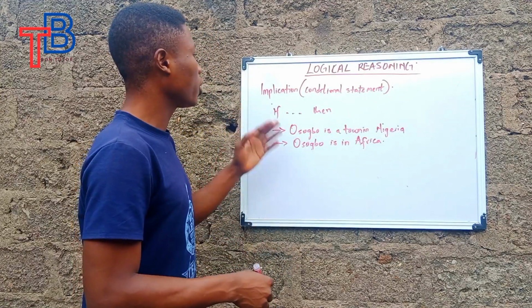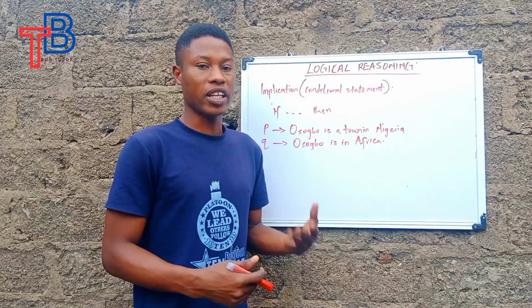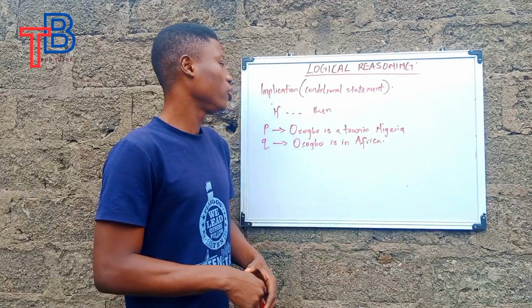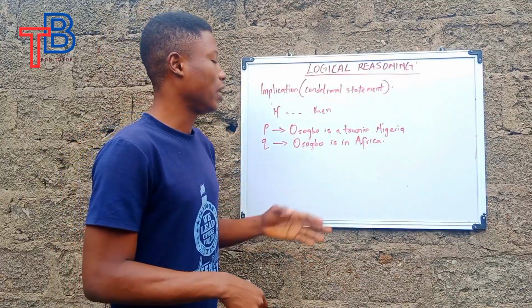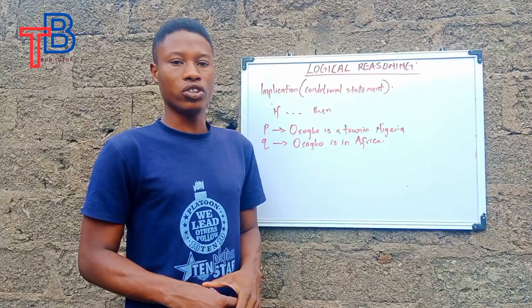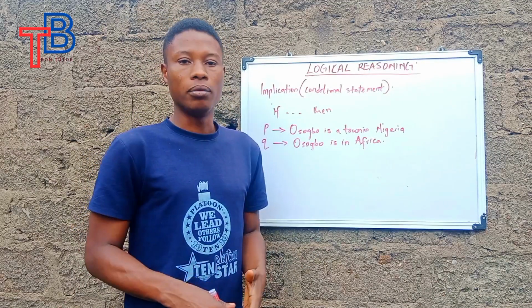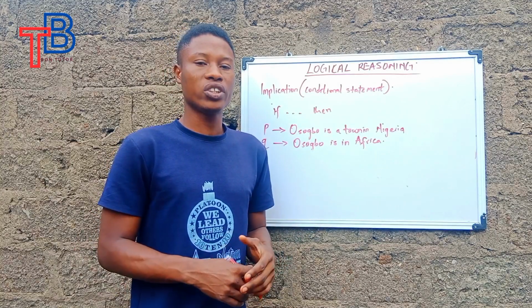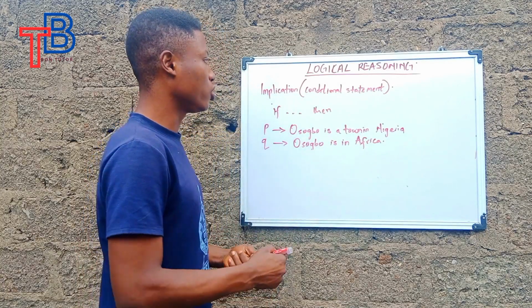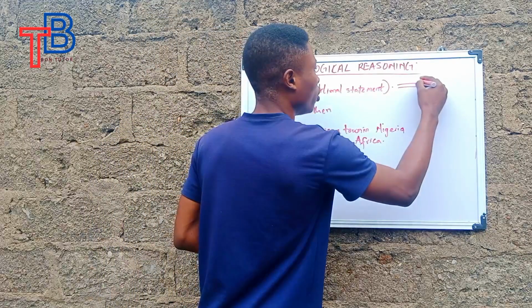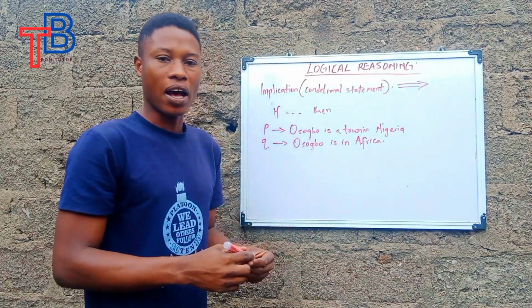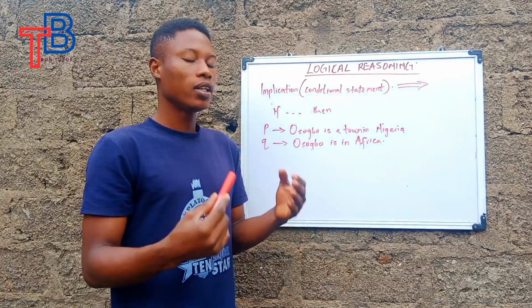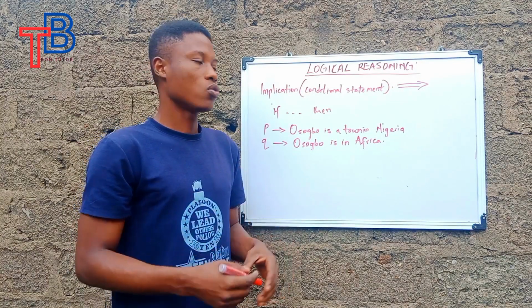An implication statement or conditional statement, whichever you might prefer to call it, uses the if and then as the conjunction of the two statements. That is what is used to join the two statements together, and we use this symbol, the arrow symbol, to join them.